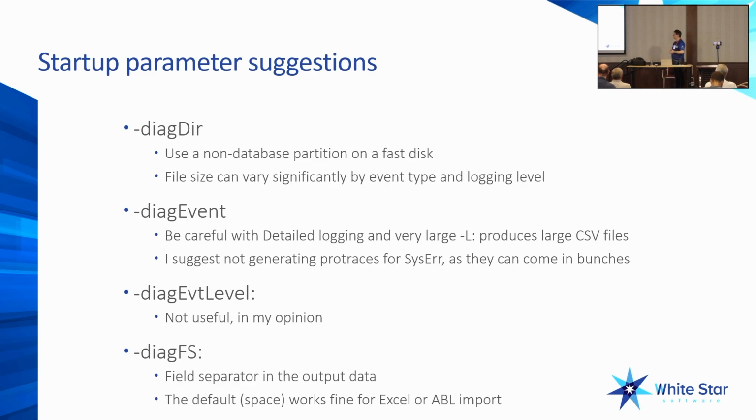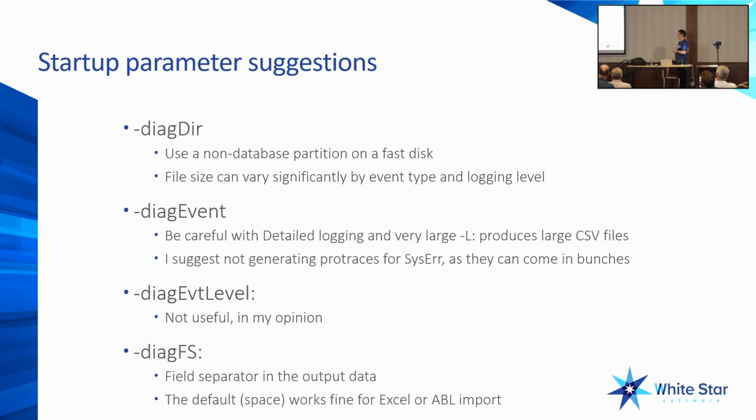And depending on which event types you've specified and what type of event occurs, and some other things like the size of your lock table, there could be quite a variance in how much data is being written in those CSV or JSON files. So the diag event, again, that's where you specify the string of the 3 event levels. Again, be careful with a very large big L. You're going to get some very large files.